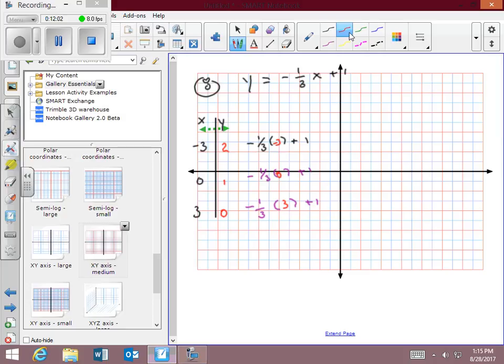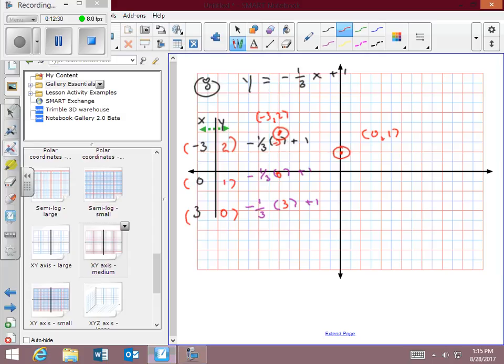So now we'll plot these ordered pairs. So it's (-3, 2). So you go right up there. Zero and plus 1, right there.